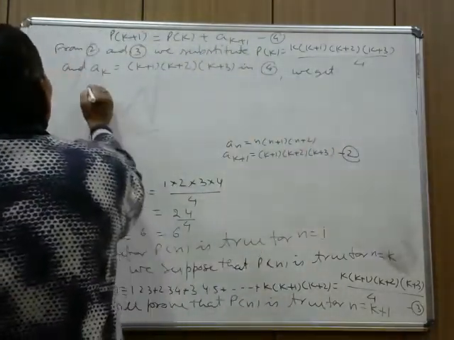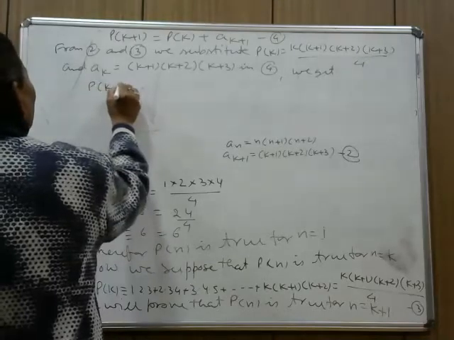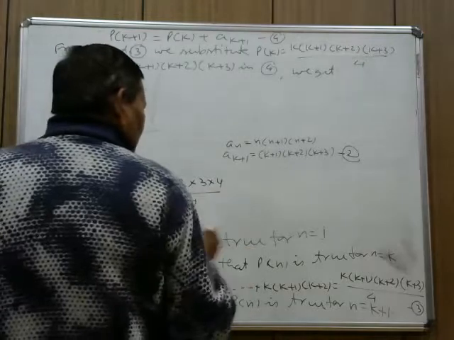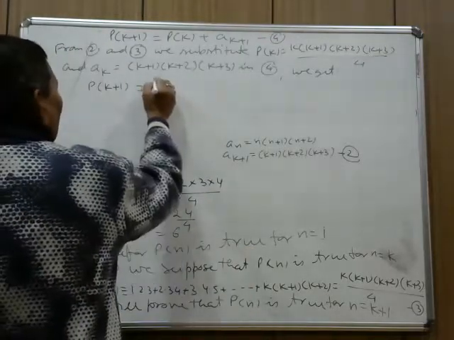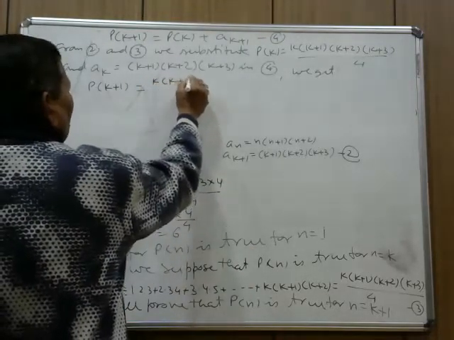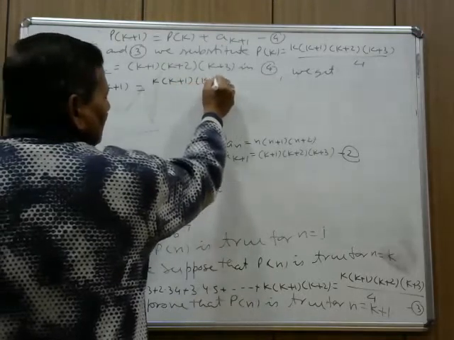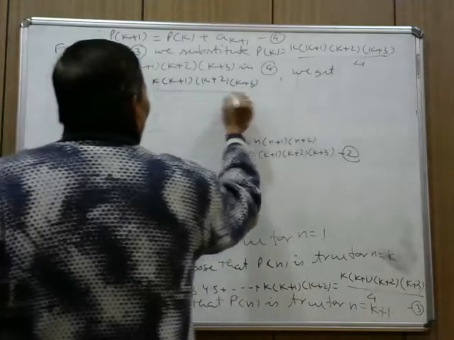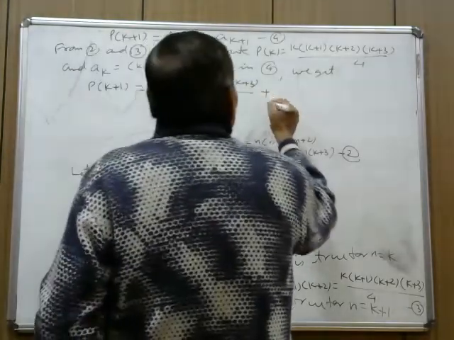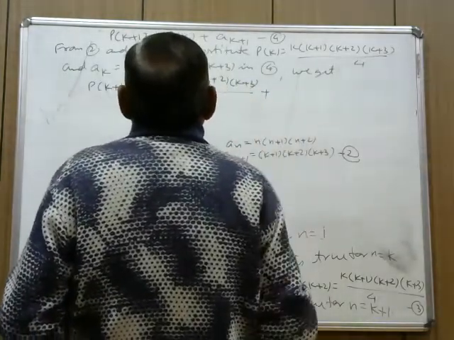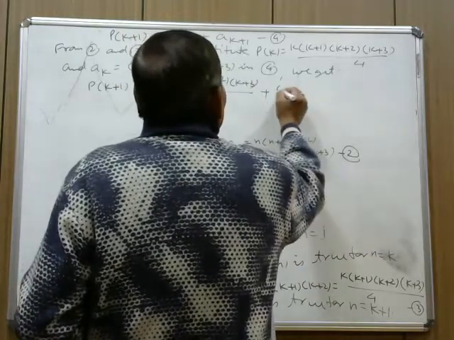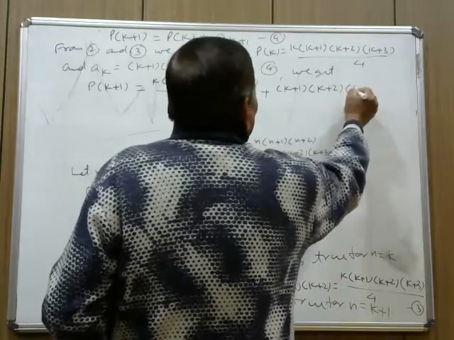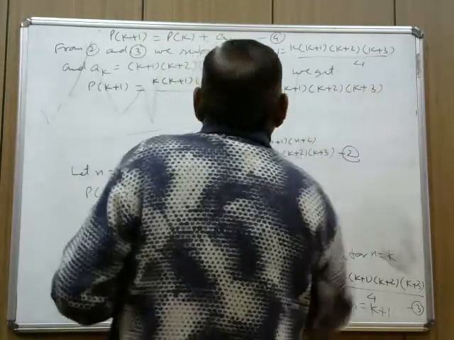So now P of k plus 1 equals Pk plus a k plus 1. Pk is k(k+1)(k+2)(k+3) upon 4, and a k plus 1 is (k+1)(k+2)(k+3).